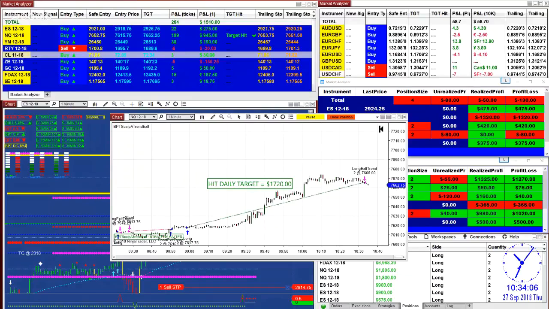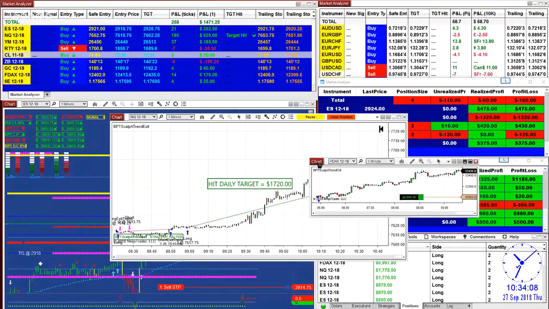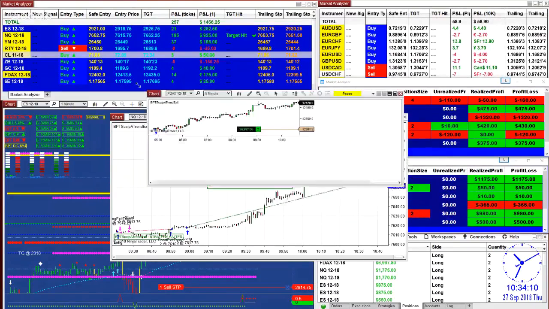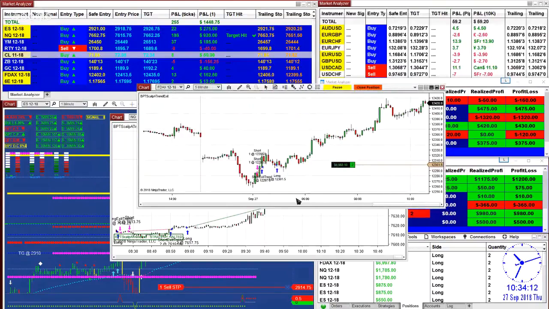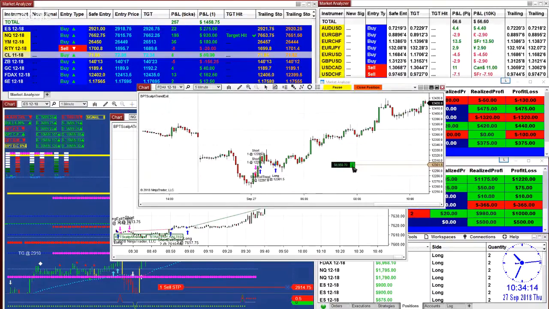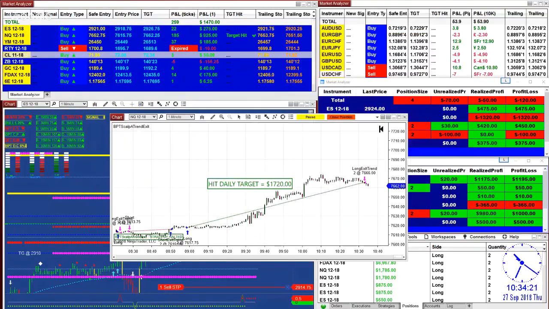For the DAX, I'm sure we had some traders using the 3 minutes or the 5 minutes this morning in Europe. So this is 6,967 on that trade. Amazing.